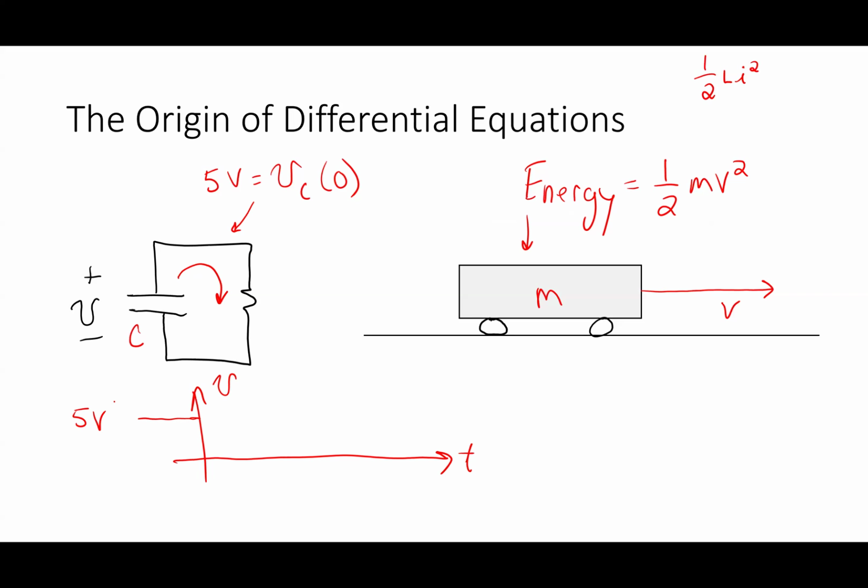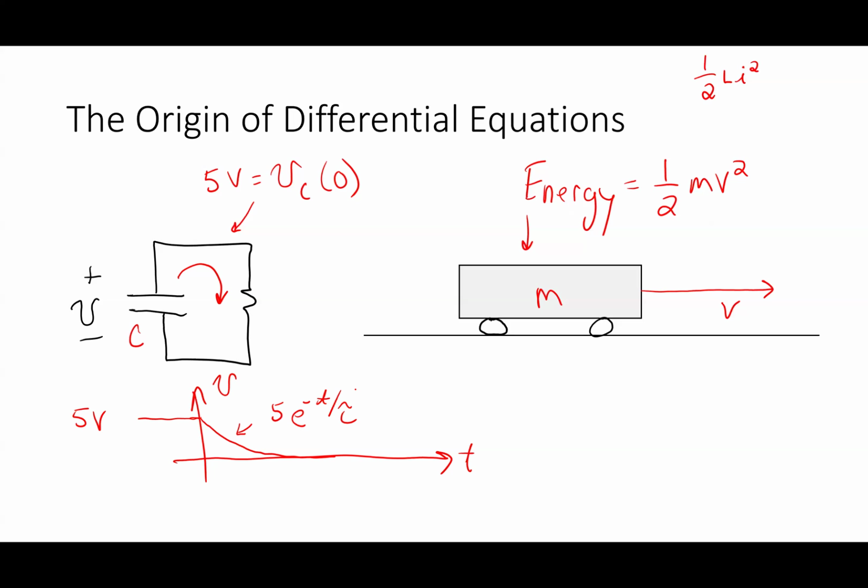And then at t equal to 0, whenever I close the switch, what would happen? Yeah, it'd be an exponential with a negative exponent to it. This would end up being 5, and we're going to derive stuff like this, but e to the negative t over tau, whatever tau is, right? That would be what the voltage on that capacitor would look like. We're going to talk about what tau is in a second.